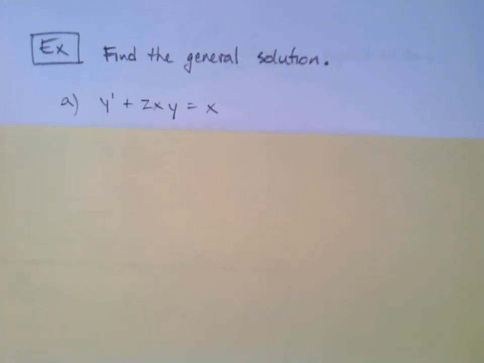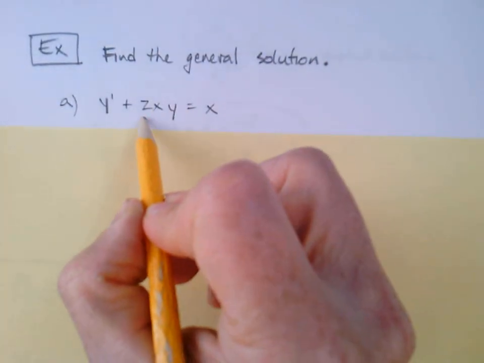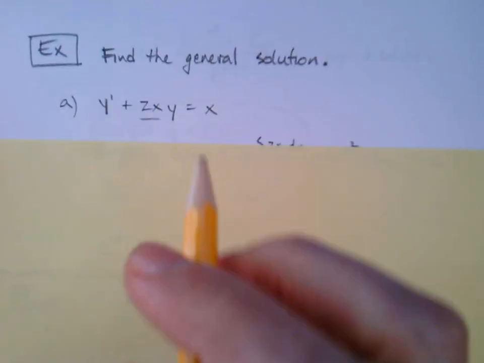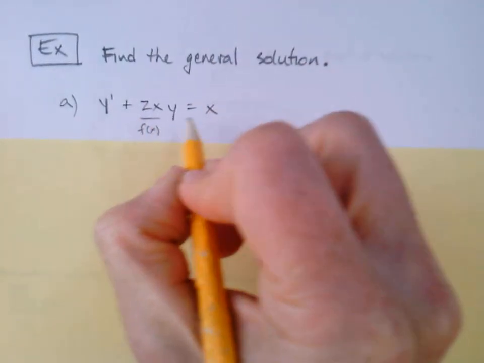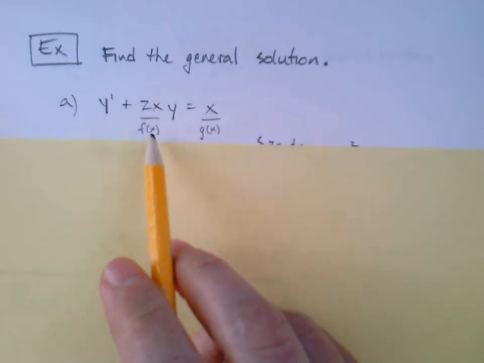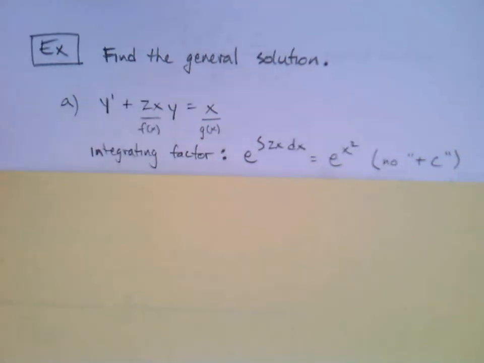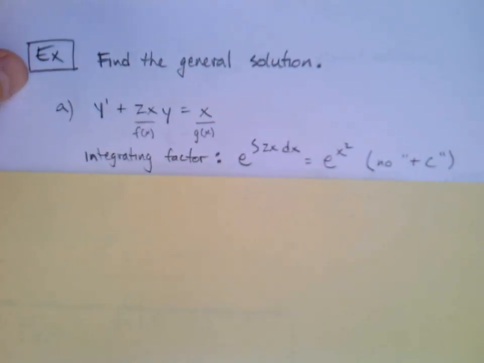Let's find the general solution. Okay, y prime plus 2xy equals x. So we can tell this is f of x. This is g of x. Now what's really important to us at the beginning is the f of x, right? Because we're going to start off by finding the integrating factor.